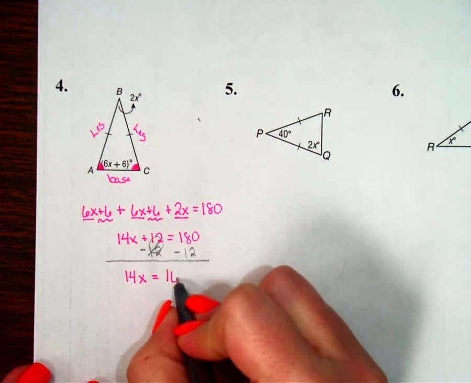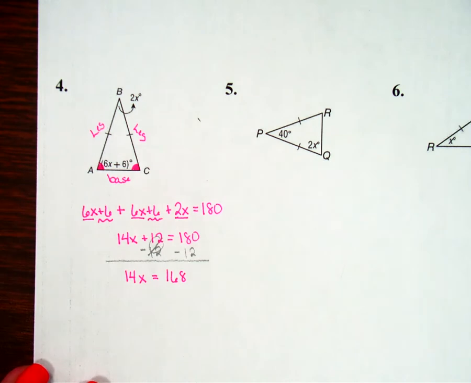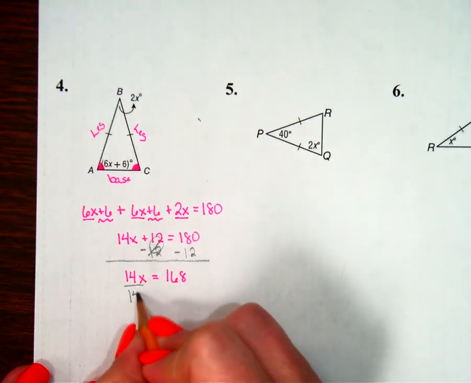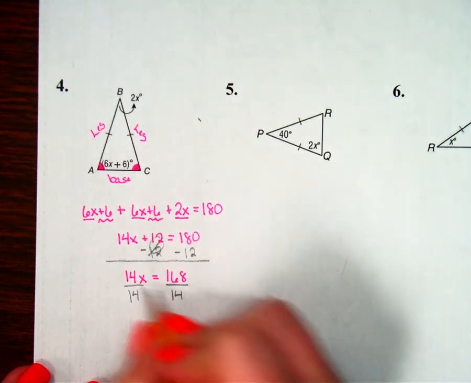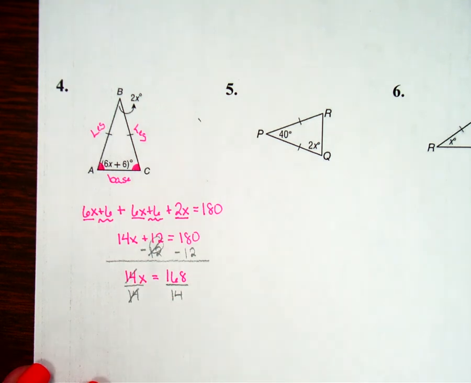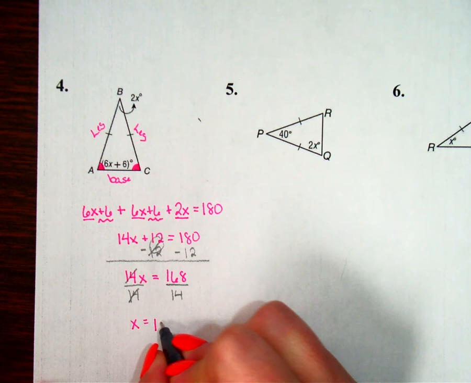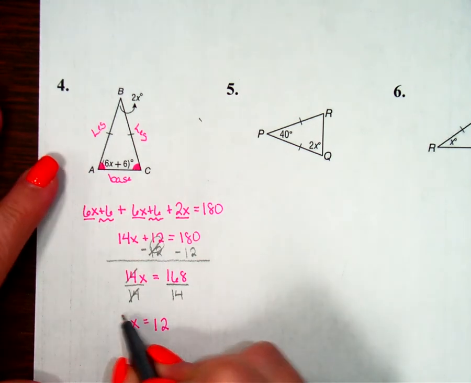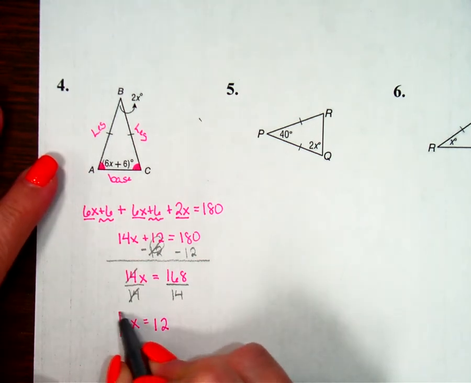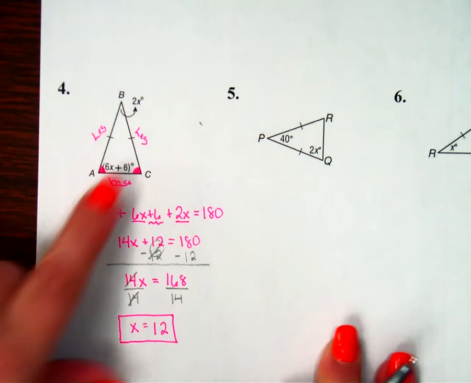Yes, it is. My division property of equality, divide both sides by 14. 1x equals 168 divided by 14, which is 12. Okay, so that is my answer for number 4.